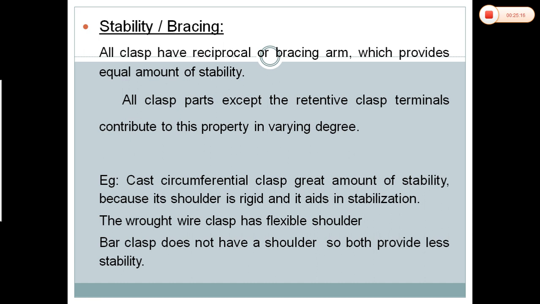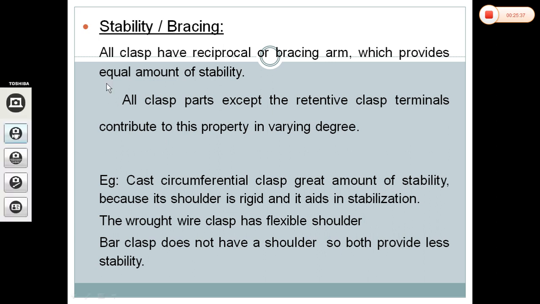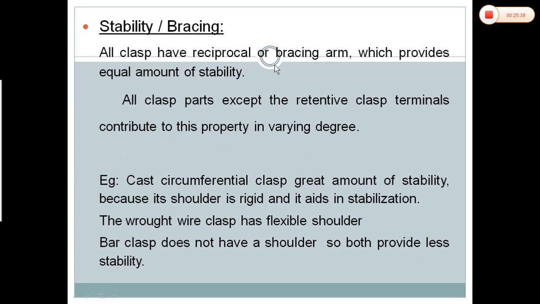Stability. Stability is nothing but resistance to displacement of the prosthesis against horizontal forces. So all the components of the clasp which are rigid and positioned above the height of contour provide stability to the prosthesis. All clasps have a reciprocal or bracing arm which provides an equal amount of stability.